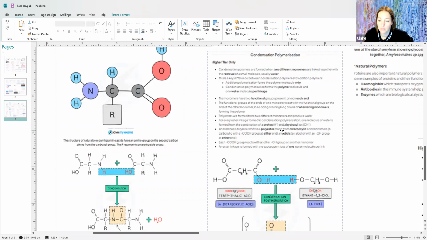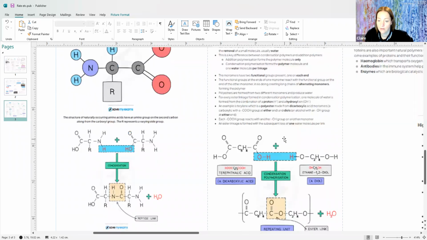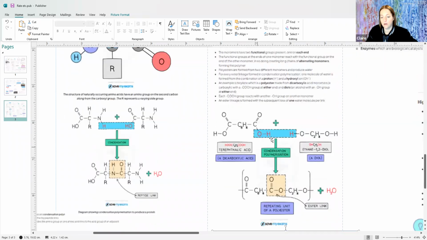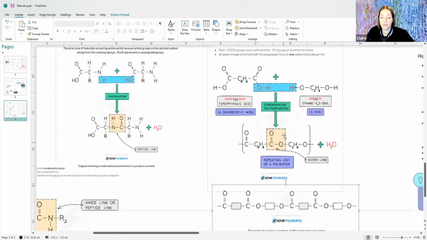So this is a carboxylic acid and esters again. You've got your carboxylic acid group here and your alcohol, condensation polymerisation. Again, draw a box around where the carbon and the oxygen bind and whatever's attached to the carbon there or the oxygen. If it's another carbon, you don't draw anything more, okay?